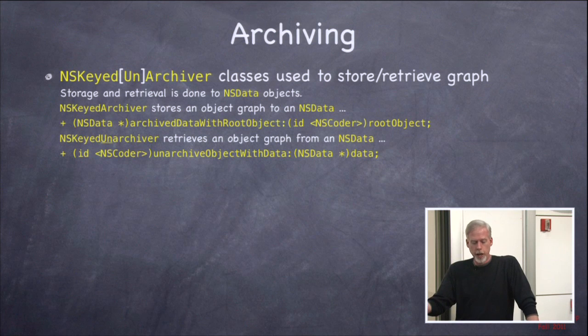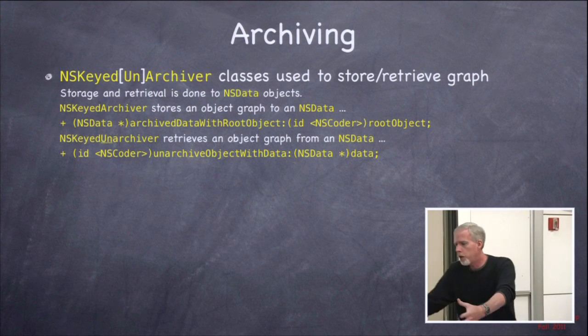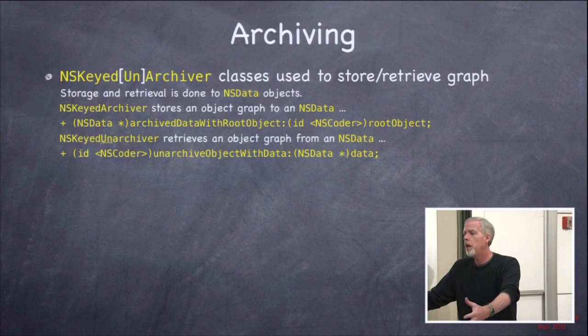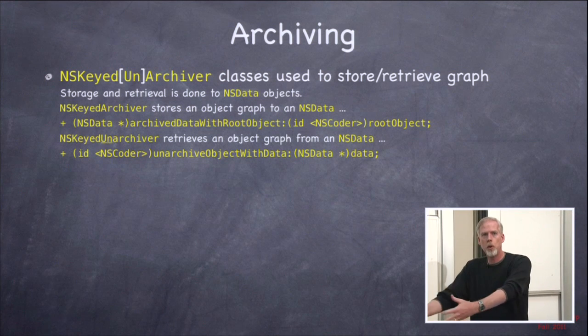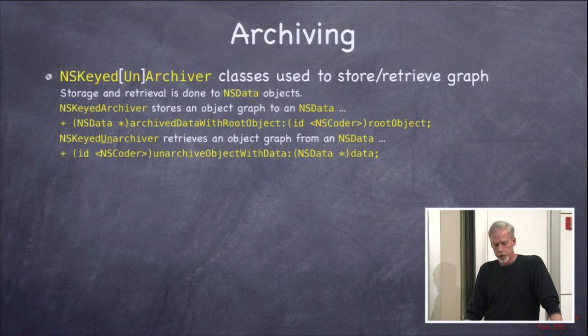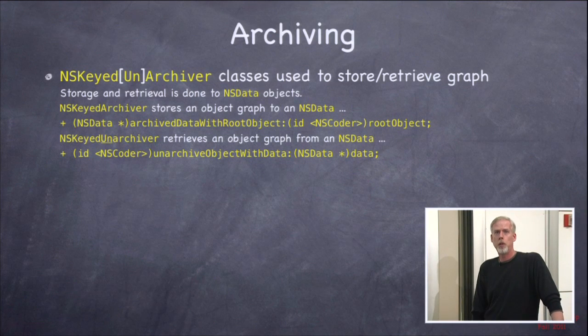And you just say, get me an archived NS data that archives this object and all the rest of the objects in the graph. And you can see how this is just going to send encode with coder, encode with coder. It creates the NS coder object that goes and does this. So all you have to do is make sure all the objects in there implement the NS coding protocol.